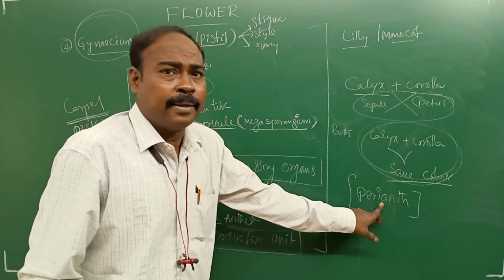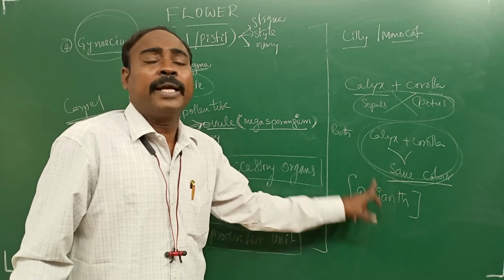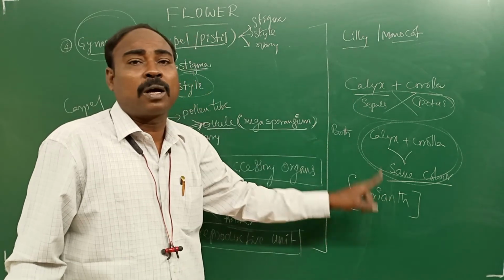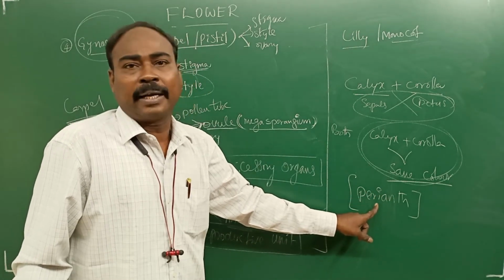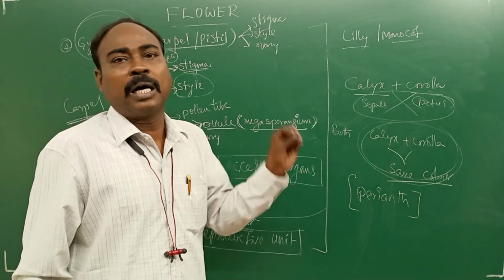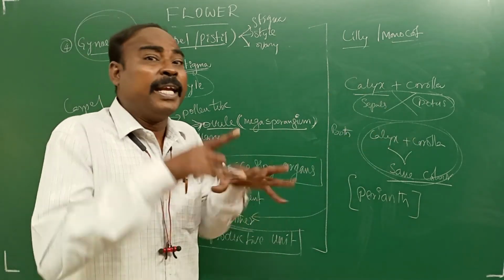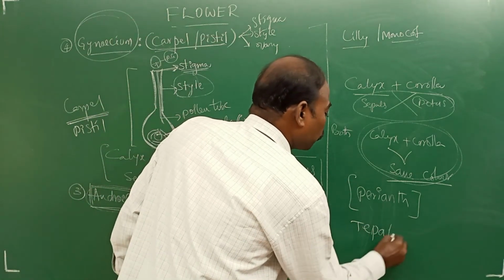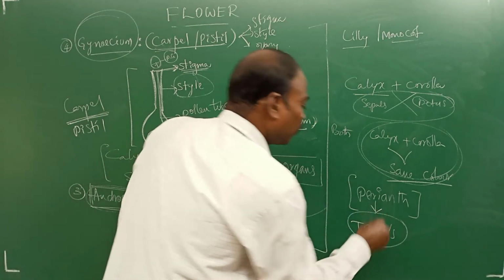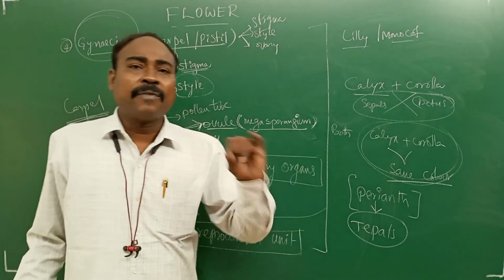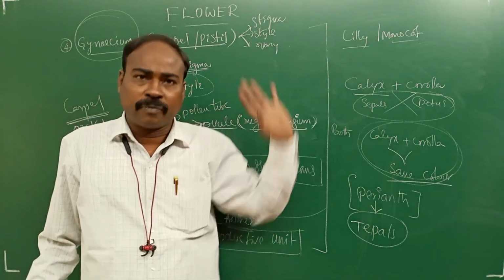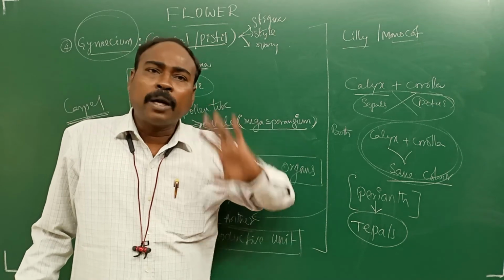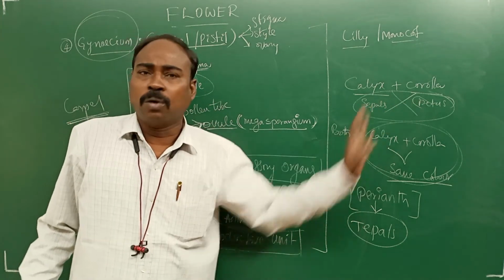Hence, the first and second whorls in such flowers, like lily and other monocot flowers, are together called perianth. The leaves of the perianth are called tepals. Perianth is the first and second whorl in monocot flowers which are not distinguishable as calyx and corolla.